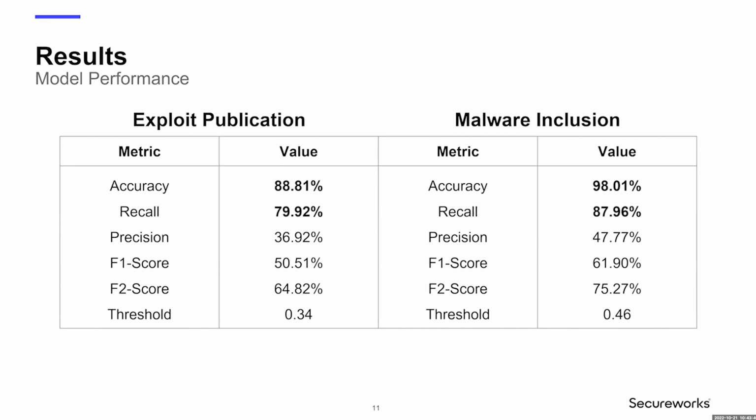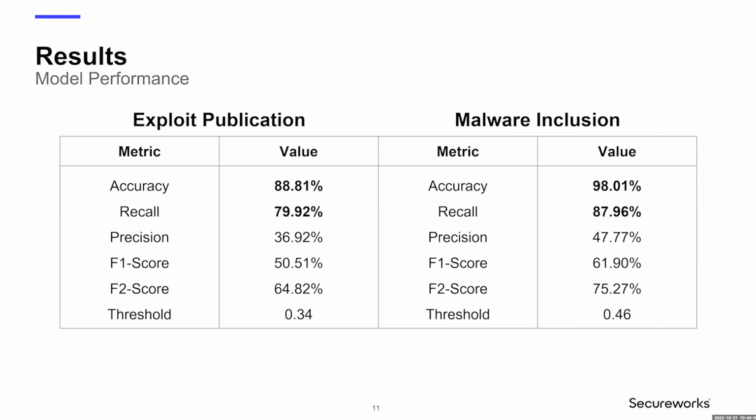So these are our results for the two classes. We have results for the prediction of exploits and for the prediction of malware inclusion. When doing exploit prediction, we have around 88% accuracy with close to 80% recall. So the model does great at identifying true attacks, we can see though that the precision goes down.